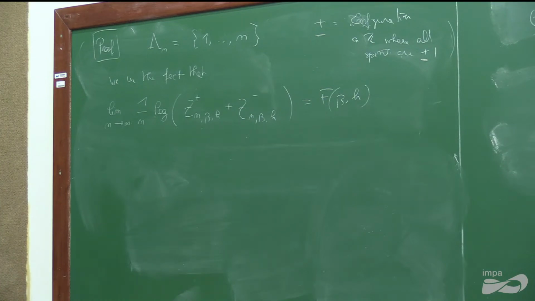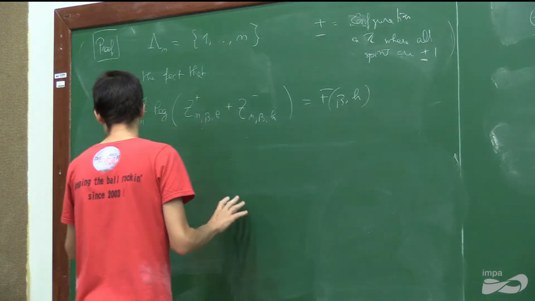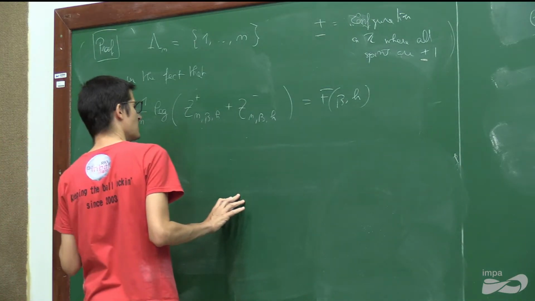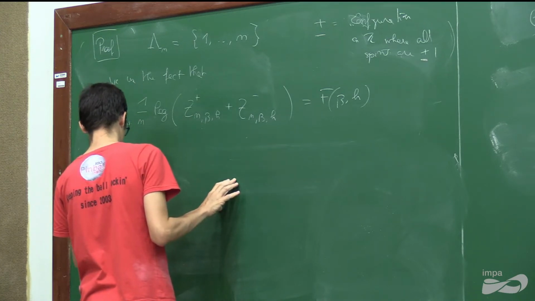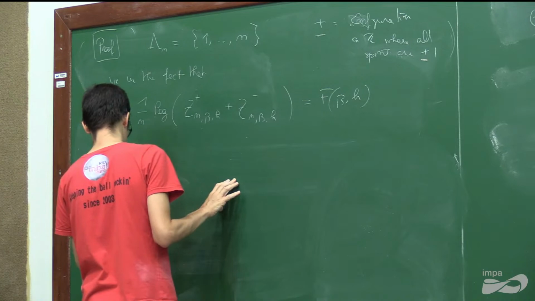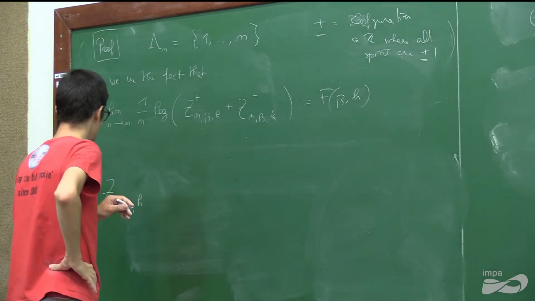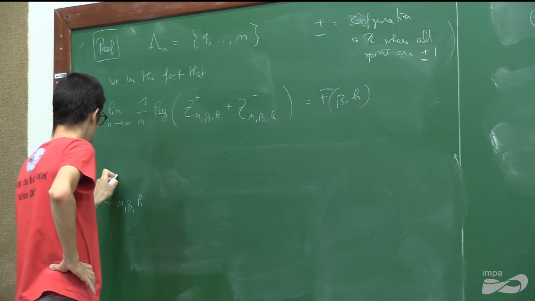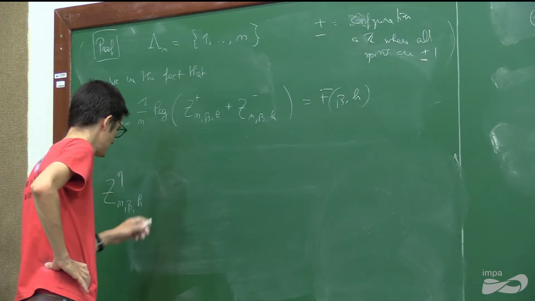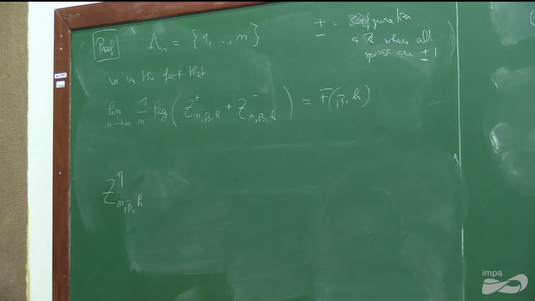So now let us look at Z_n(β, h, η), and let's try to write an expression for this.